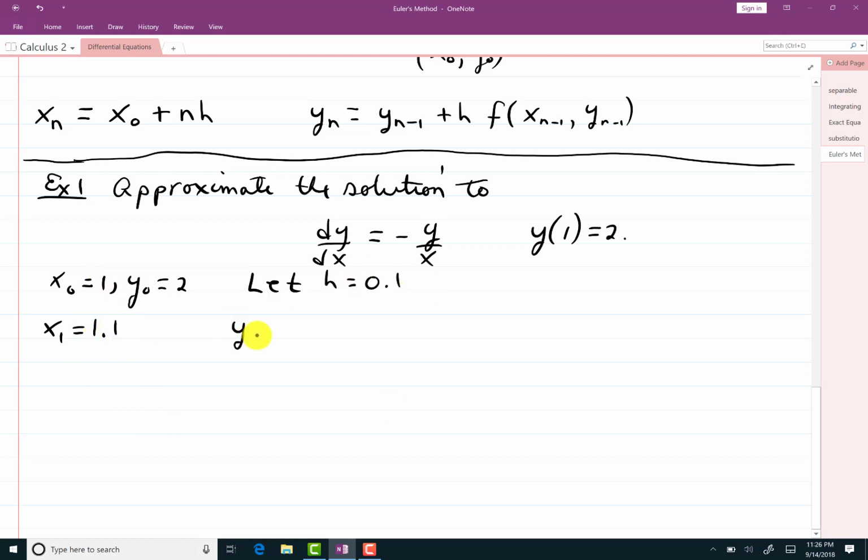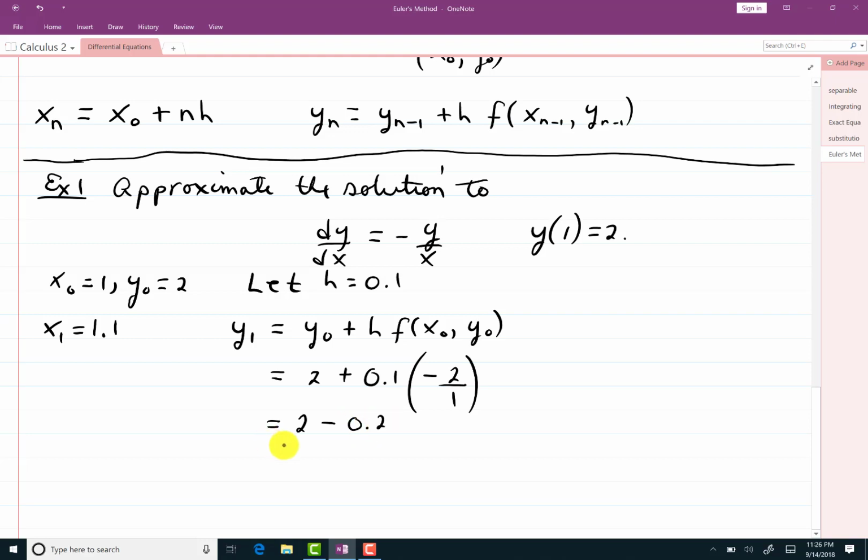But y1 I have to get from this formula. In particular, y0 was equal to 2, h was equal to 0.1, and the f in this case, f of xy, is negative y over x. So we're going to have negative y0 over x0. y0 was 2, x0 was 1. So we have 2 minus 0.2 looks like 1.8.